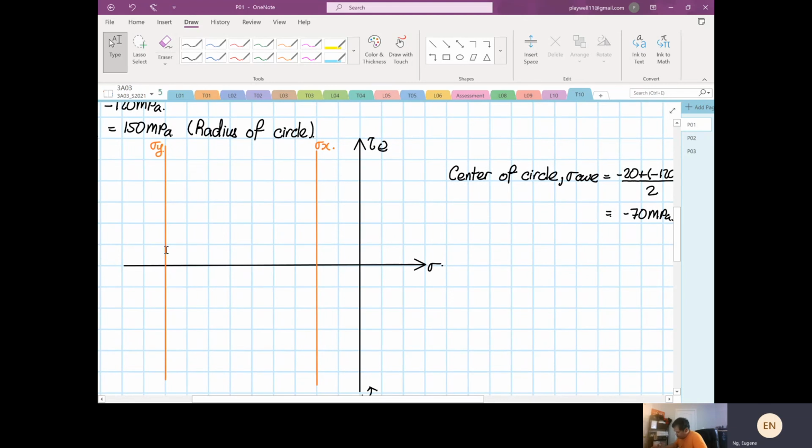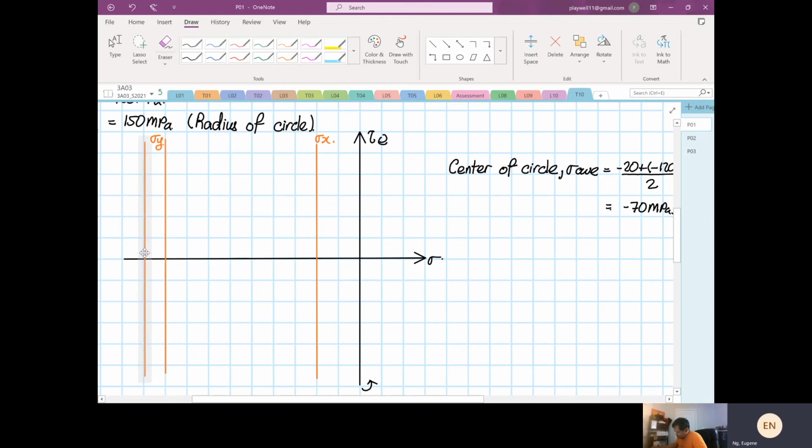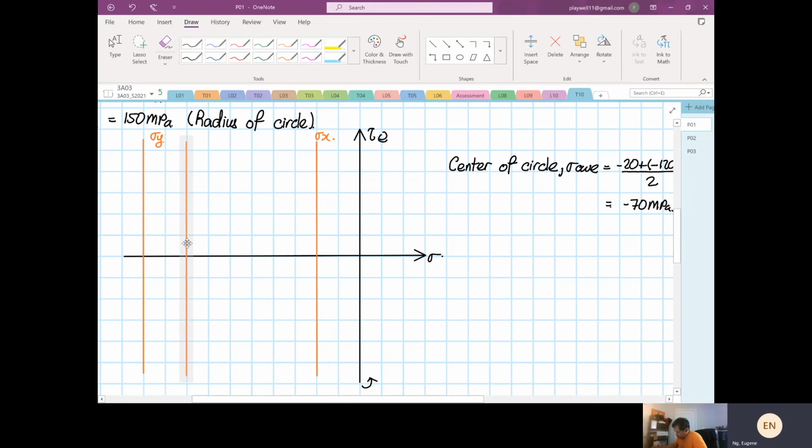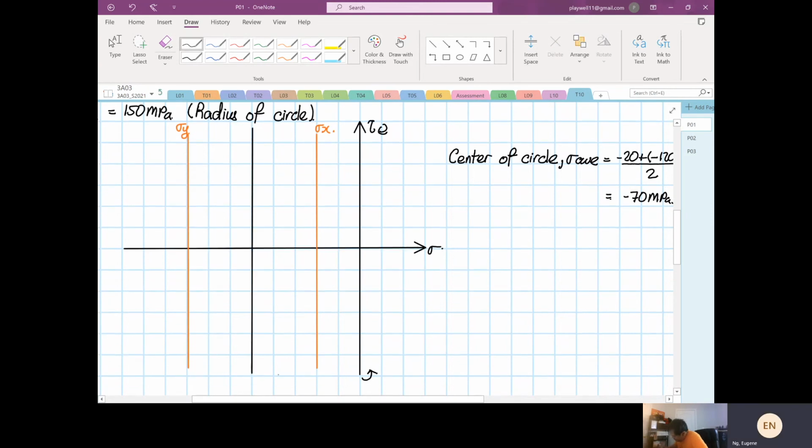So let me make my life easier by just putting it closer. Sorry. So over here, this is our point O, and we are aware that this is our stress average.